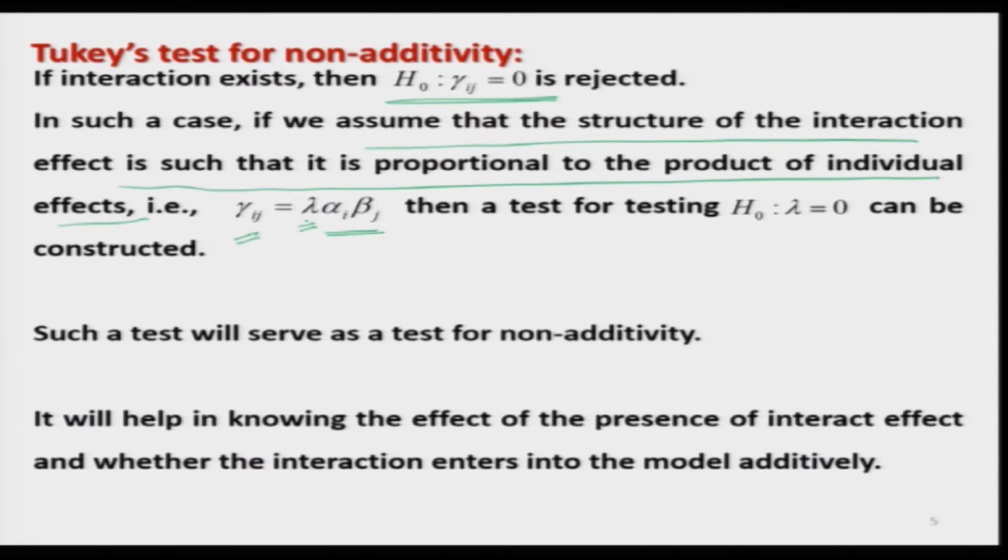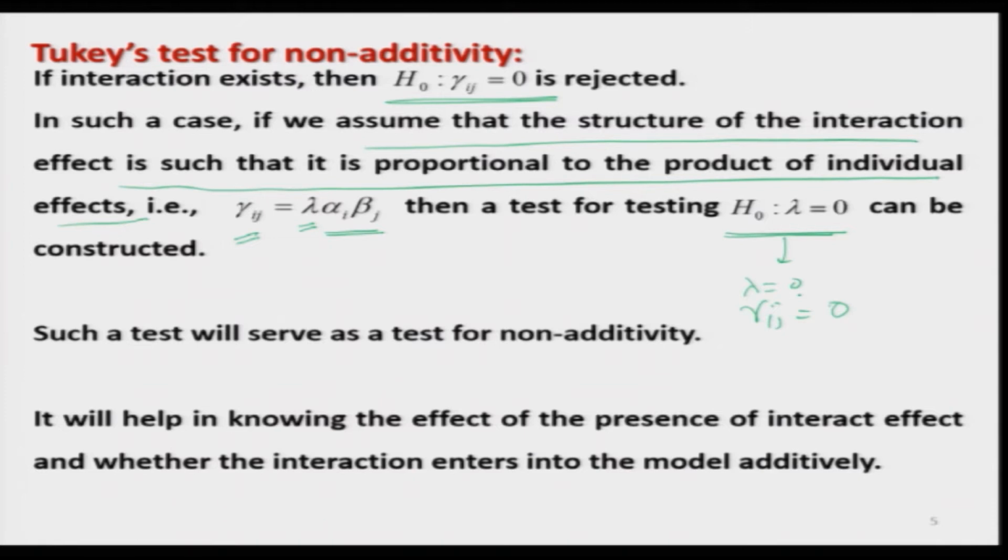And then if I construct a test for H naught lambda is equal to 0, do you not think that it is going to help us? If this test H naught lambda equal to 0 is accepted, that means lambda equal to 0, and then obviously this gamma I J will become simply 0. And if H naught lambda equal to 0 is not accepted, then we have to proceed accordingly.